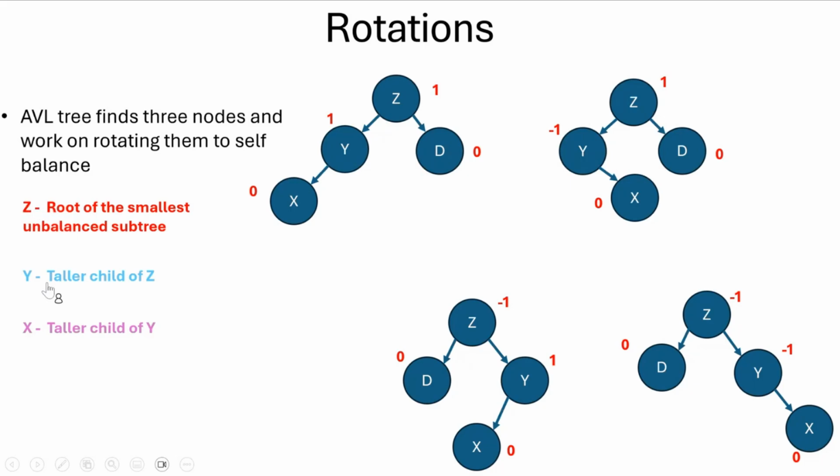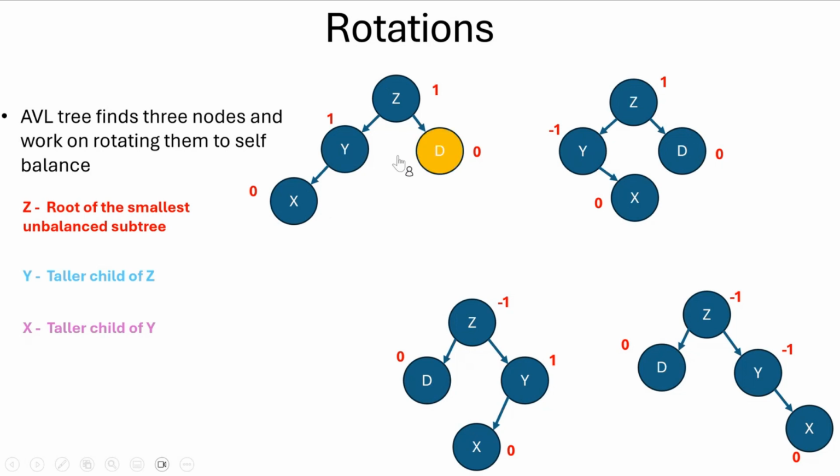We need to check in that subtree one more level further. In that subtree, we check which side is taller, whether left or right, and that is represented using x, which is the taller child of y. That way we can understand which part of the tree is more unbalanced and which type of rotation we need to apply. So let's understand one by one.